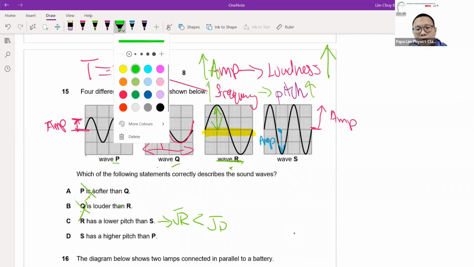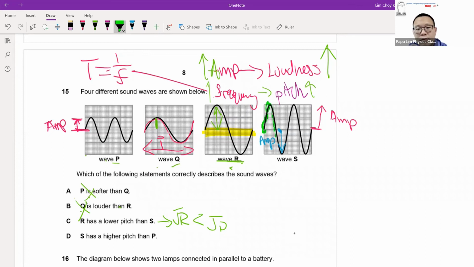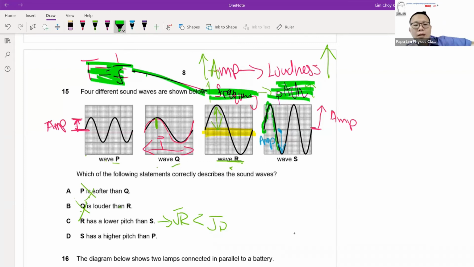Because the period is shorter, S has a higher frequency. So S will be a higher pitch as compared to R. Always take note, the relationship for frequency is a slightly tricky one. We look at the pitch of the sound, and we draw references to the wave itself. So take note of the wave, especially the pitch and the loudness.